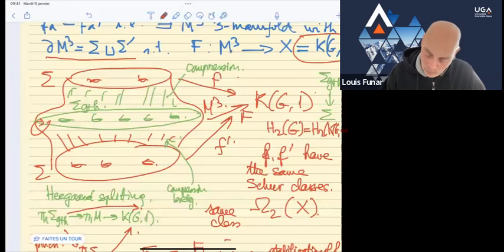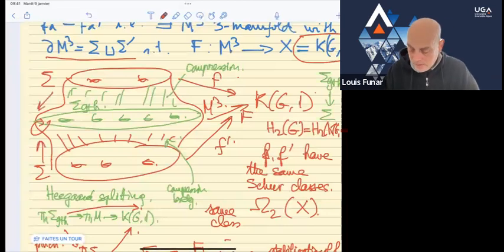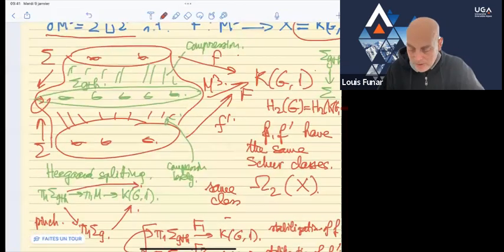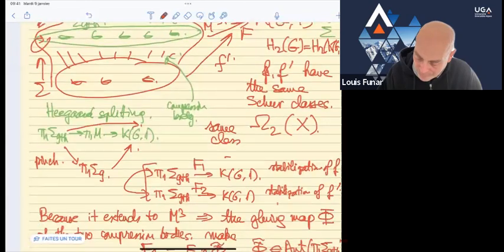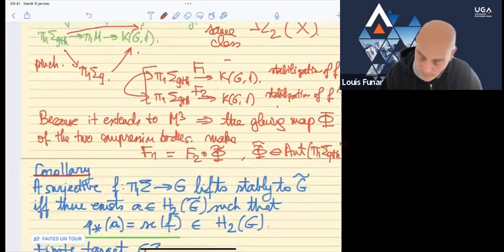Then what you obtain going in this direction by stabilization and in this direction, the two are equivalent by means of the gluing map of this free manifold. So this is the sketch of proof.